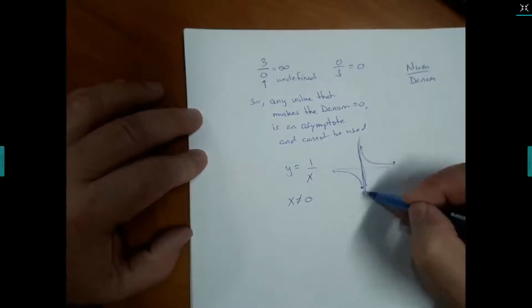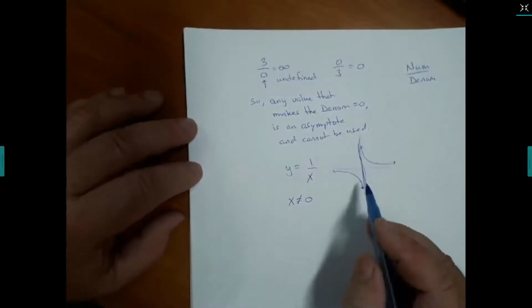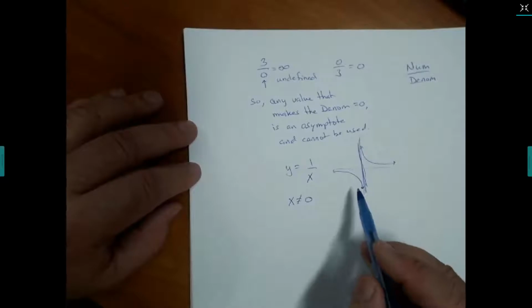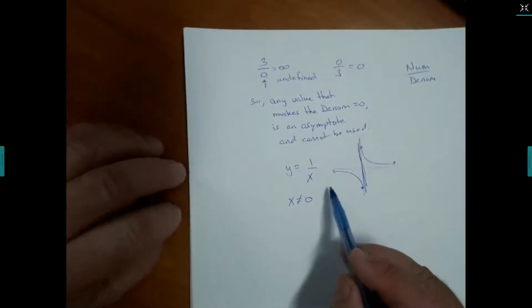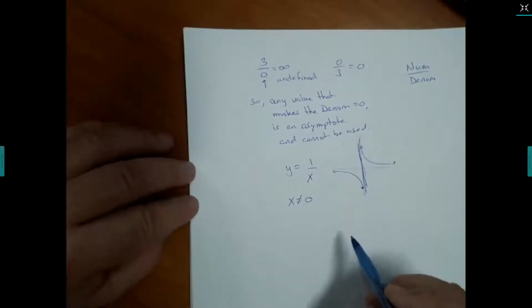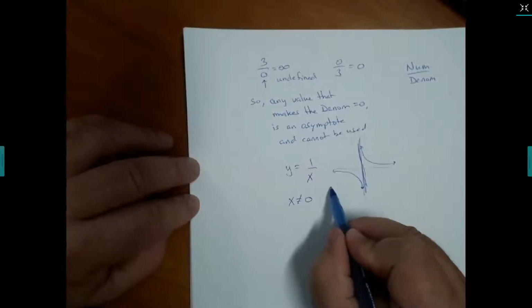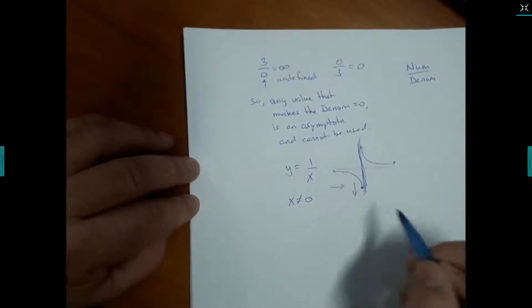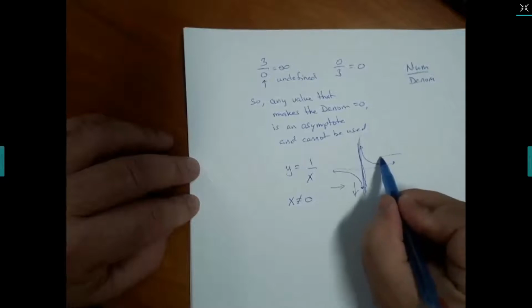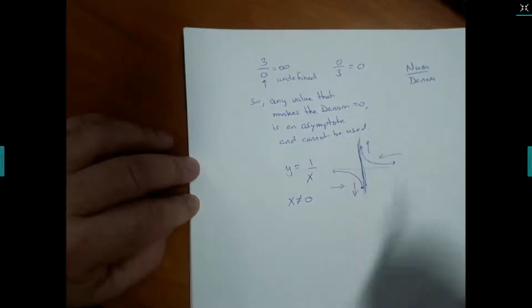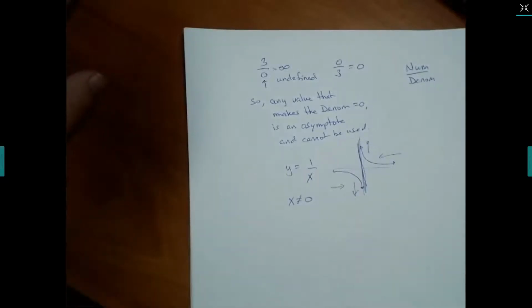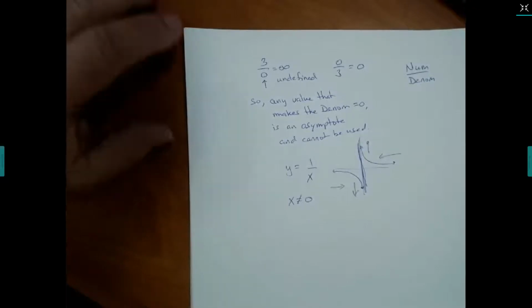When x is 0, that's the y-axis. The graph gets infinitely close to it, but never touches. From the left side, it goes down to negative infinity. From the right side, it goes up to positive infinity. And that's what we call an asymptote. The graph will never touch it.